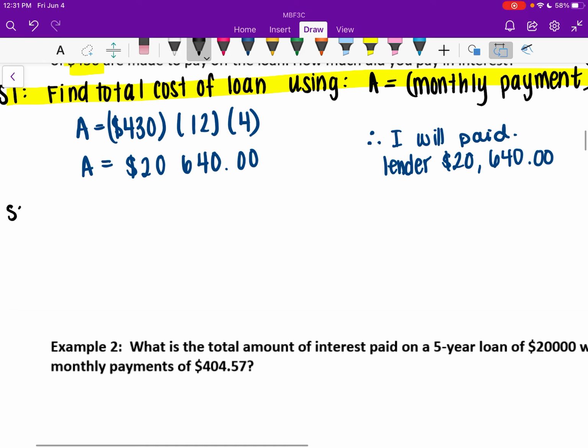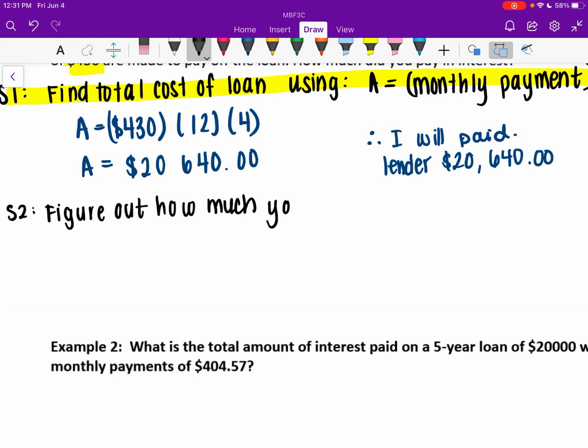So step 2, if you want to figure out how much you paid in interest, very simple. You're going to take our formula from the last one.